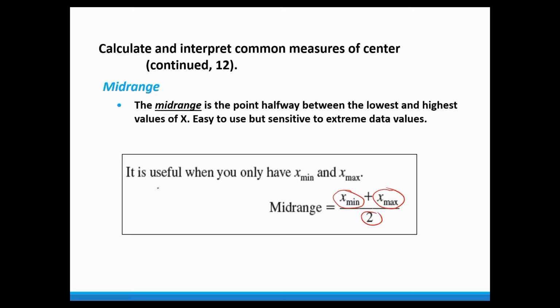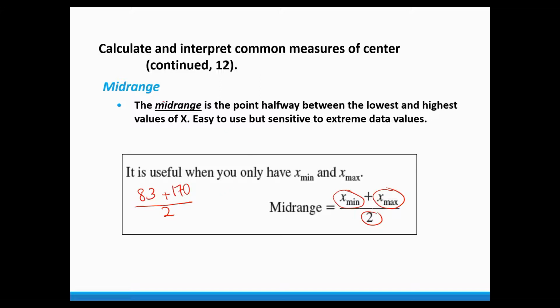So for example, in the example of defects, the least value was 83 plus 170, the maximum value. We add these two values and divide them by 2. So in this case, we would find the mid-range, and we will consider this as a measure for the center of the data set.